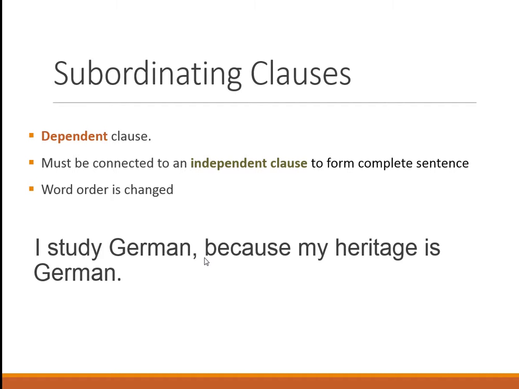But I join them with a subordinating conjunction, and now I have a complete sentence. All right? So that's great. Easy to do. So, independent clause, I'm trying to color code to help you here. Sorry about that. Got a little off. Because my heritage is German. All right?